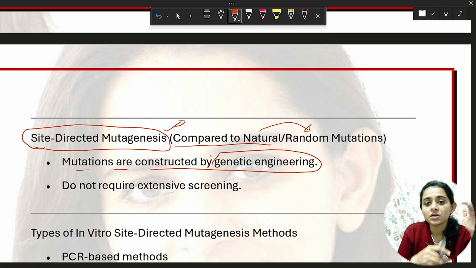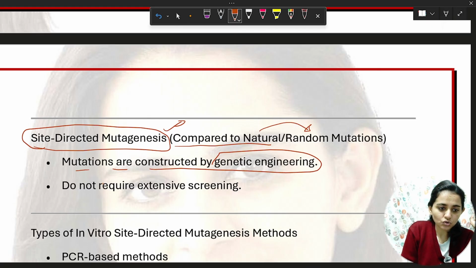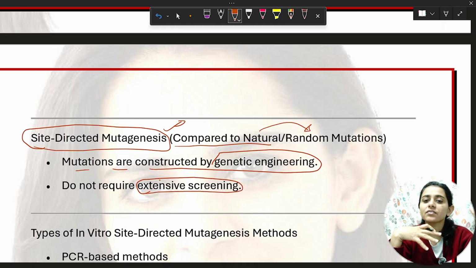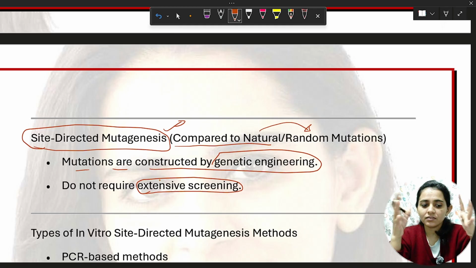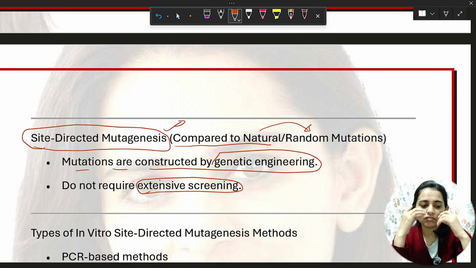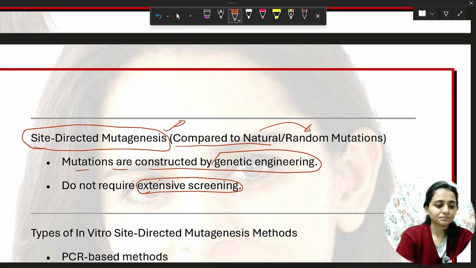We are doing so much research and then we are doing this kind of mutation. It does not require extensive screening, and this will save our time. Extensive screening and the process of working on a single thing will decrease.